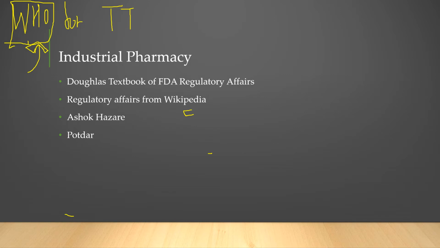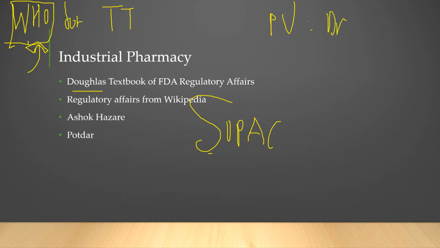Next, you have to refer to the SUPAC guidelines. That is also available on a website, that is scale up and post approval changes. But it's given in books in pretty nice language, so you can refer to books like Douglas. And there are some books also by Dr. Samir Malaviya.